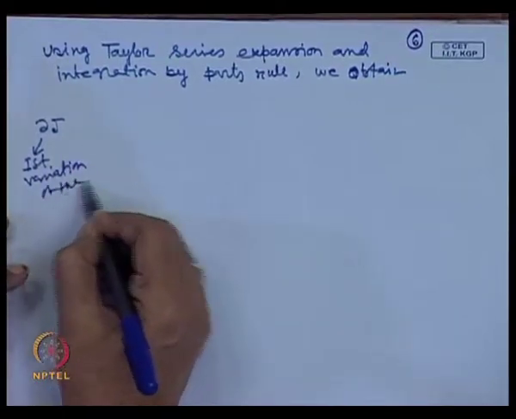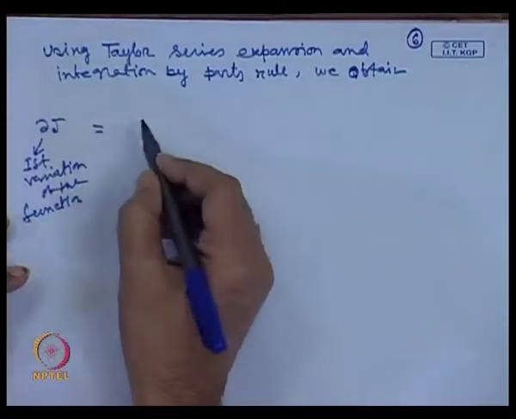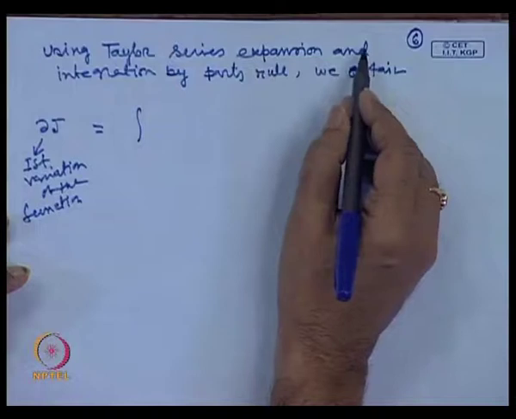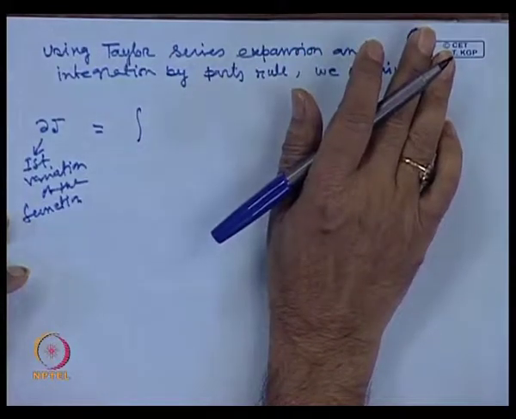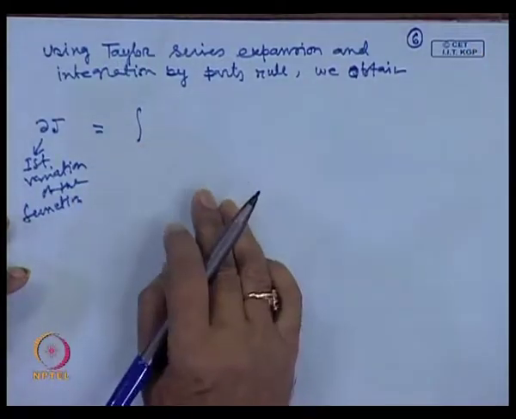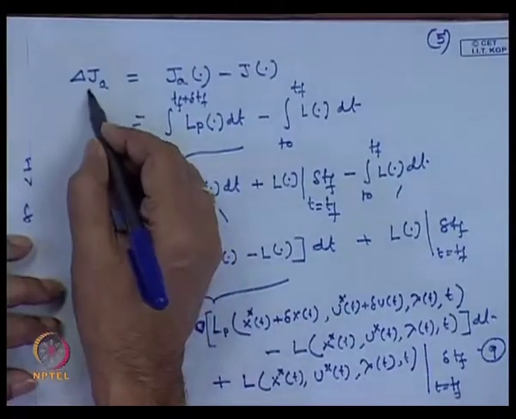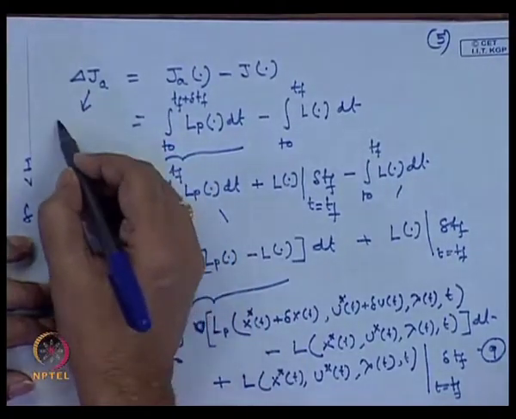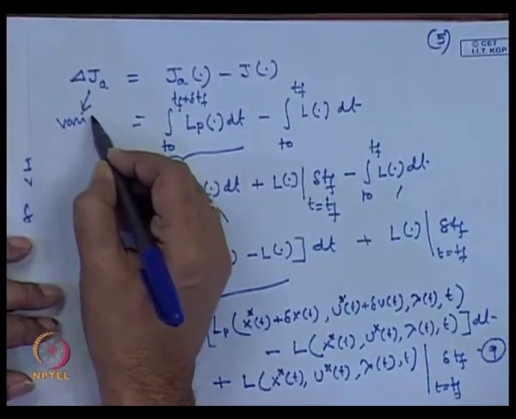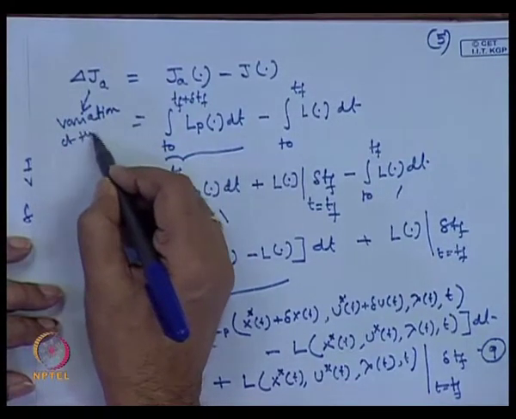If you do the Taylor series expansion, use integration by parts and simplify, then ultimately you will get the first variation. This delta J is the variation of the functional.